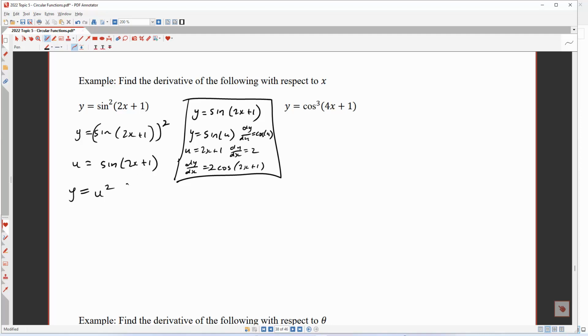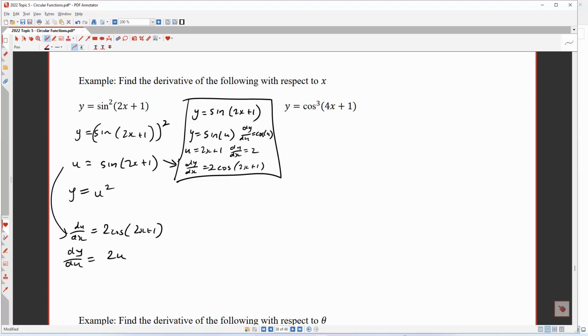Okay, so what I'm going to do is write du dx here, which is 2 cosine 2x plus 1. That's what I just found out there. And that other one's easy enough. dy du is 2u.